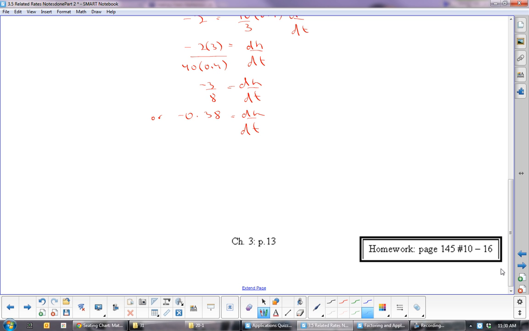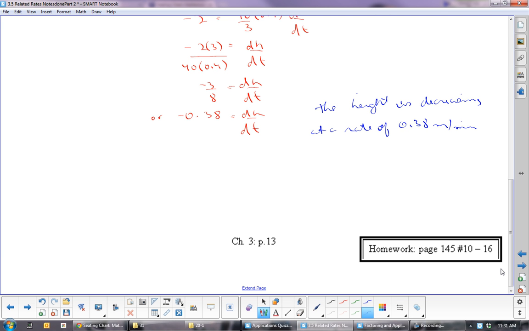Okay, so the height is decreasing at a rate of 0.38 meters per minute. Actually, yeah, meters per minute.